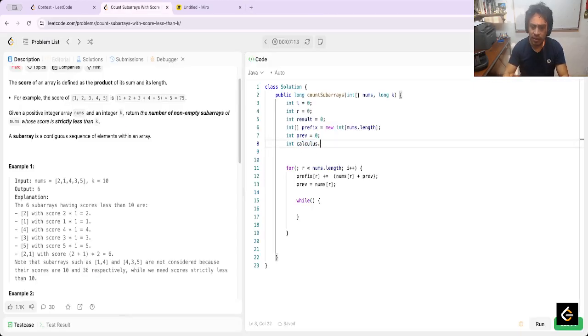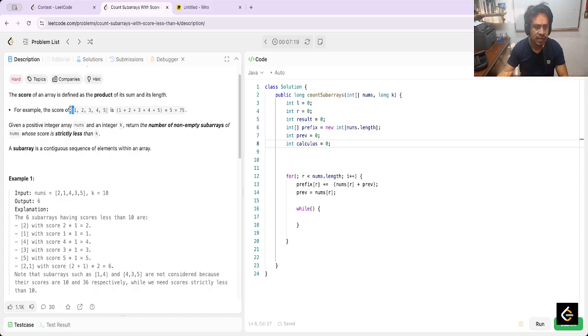Okay, starting at 0. Basically this contains the operation like this: add the numbers and multiply by the length.